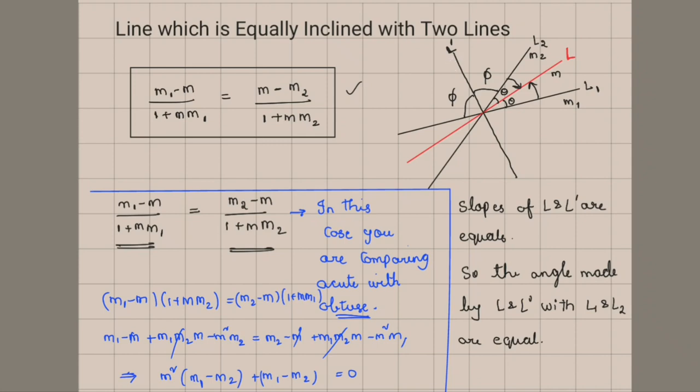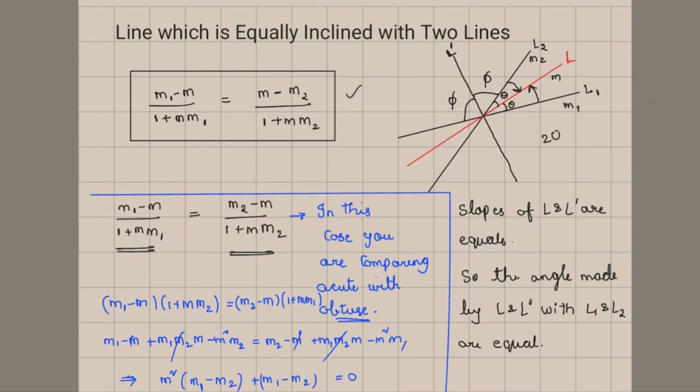But we know that the angle between L and L dash is 90, because 2 phi plus 2 theta should give 180, as they are supplementary angles. So which gives theta plus phi equals 90 degrees.